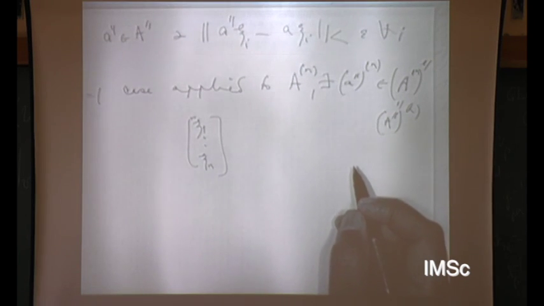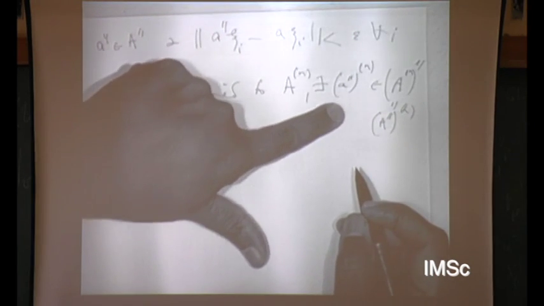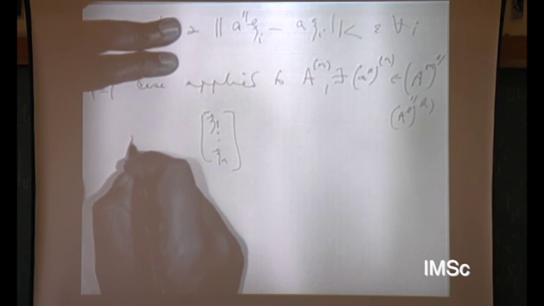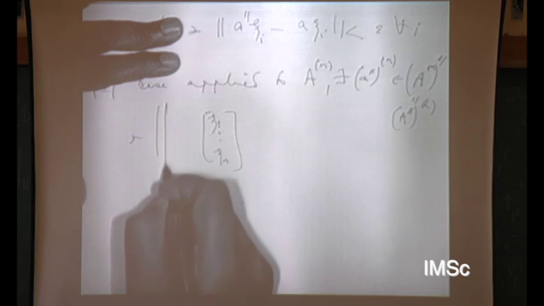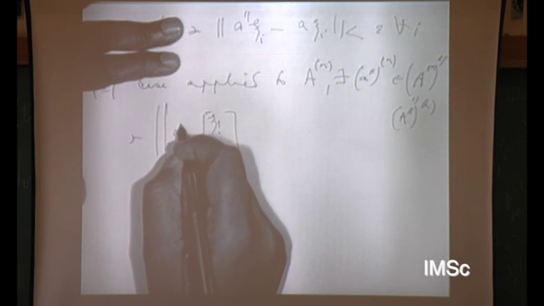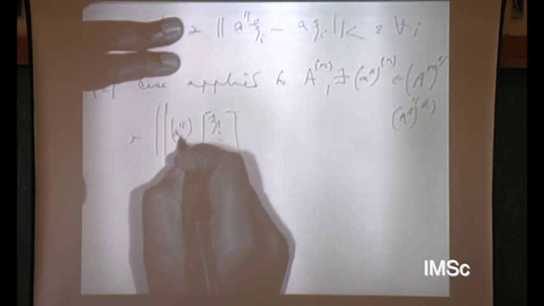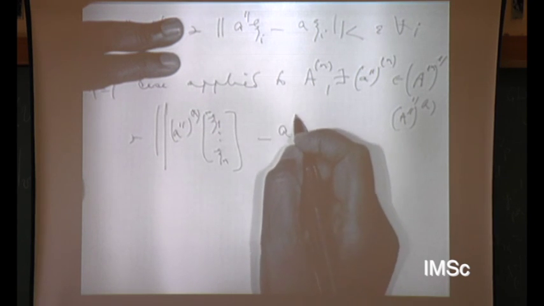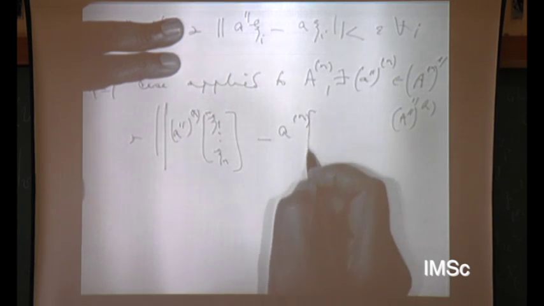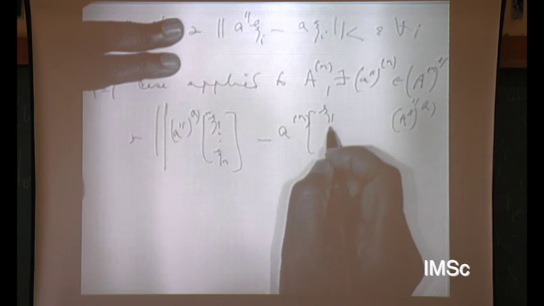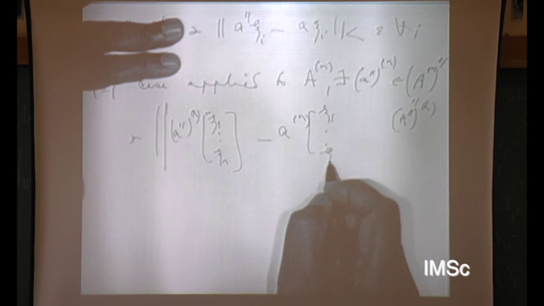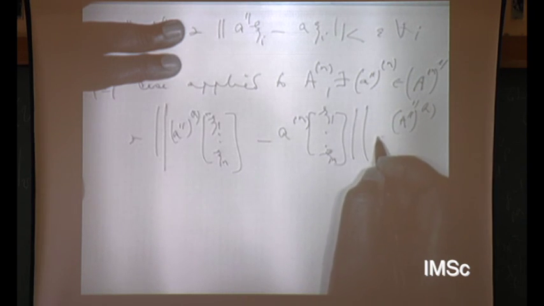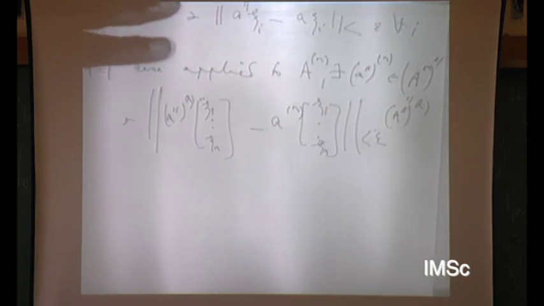So in the n equals 1 case, there exists such an operator such that the norm is less than epsilon.